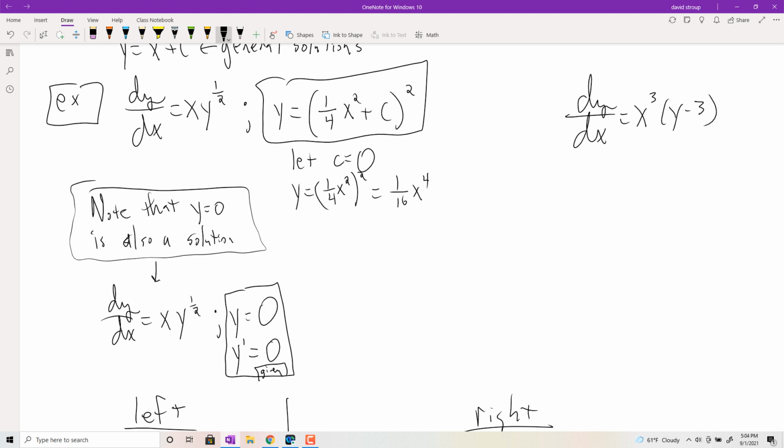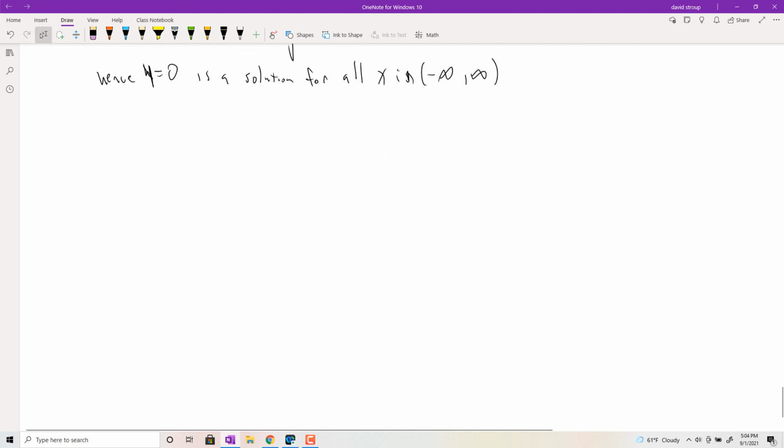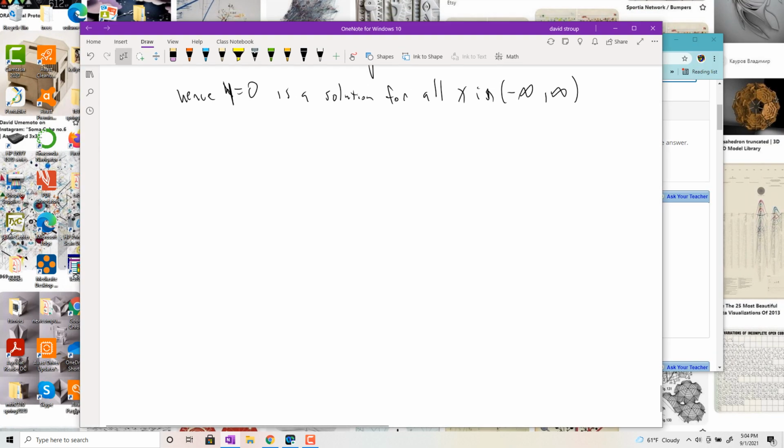In this case, you would have a singular solution, I believe, at 3, right? Or I guess sometimes they just call it a trivial solution. And if you put it in there, you'll see that the left side would be 0, and then the right side is also 0, so it works. Okay, but usually you can just kind of see them and pick them off. Anyways, that's about it for that.